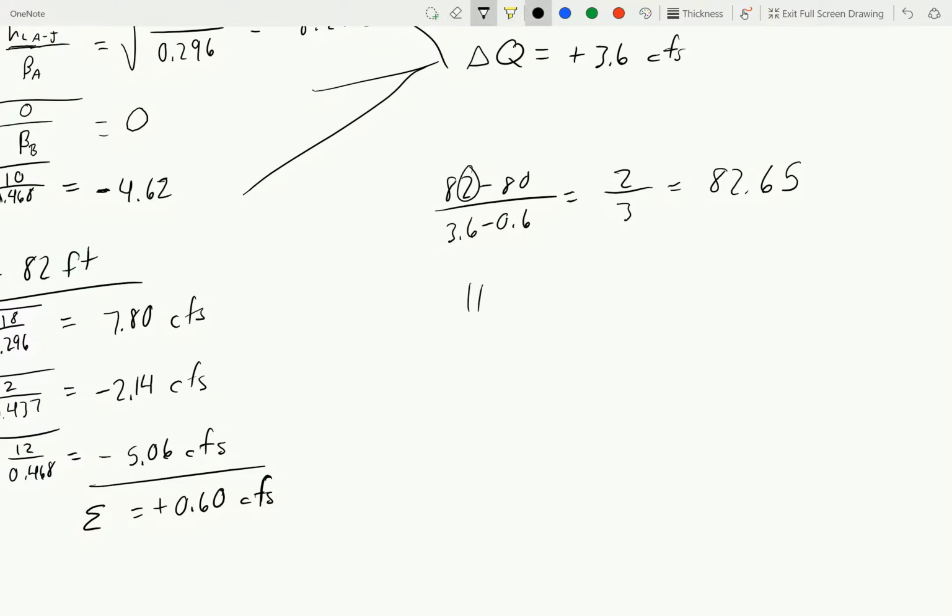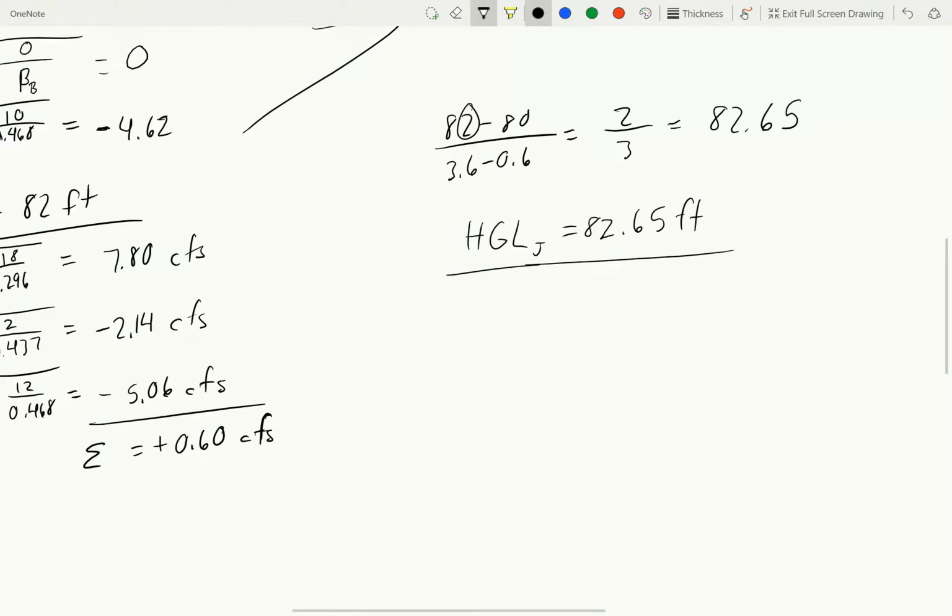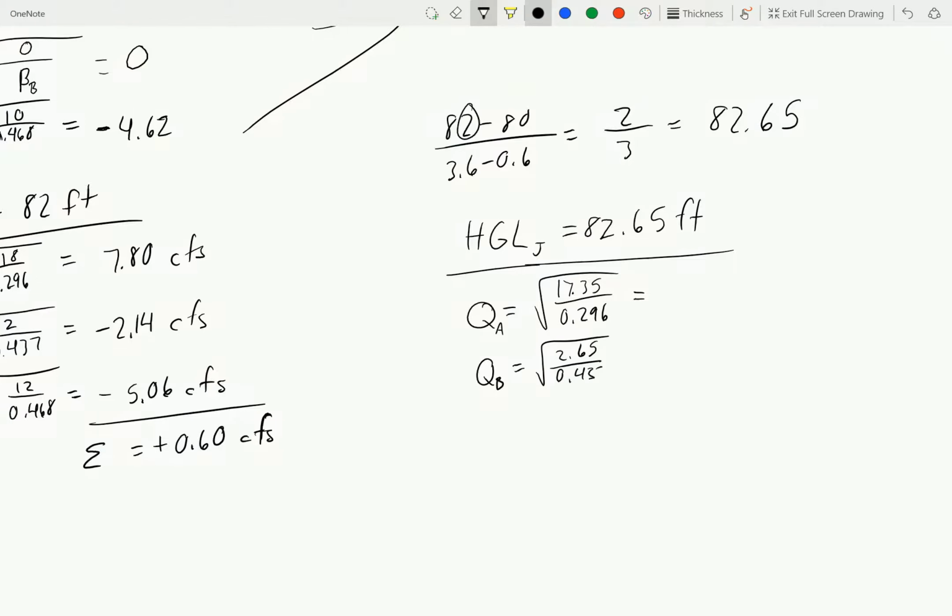So we'll do our HGL at J is equal to 82.65 feet this time. And we'll get QA is the square root of 17.35 over 0.296. That's A. For B, we're going to have square root of 2.65 over 0.437. And finally at C, we'll have 12.65 over 0.468.